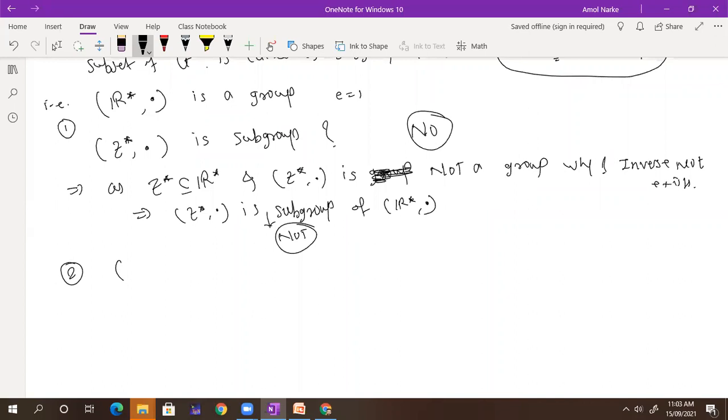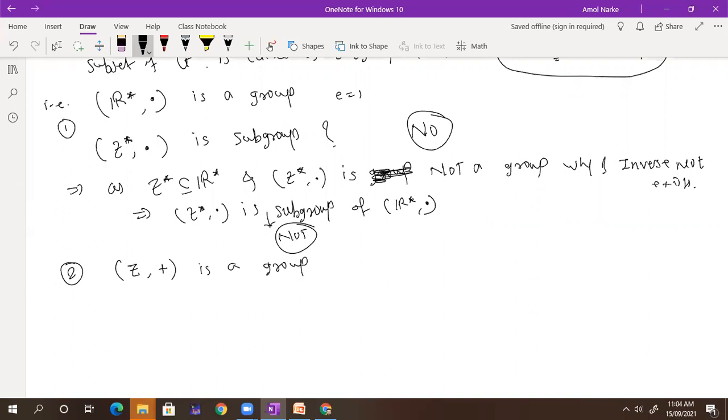We can take Z, the integers together with plus. Whether it is a group: yes, because the identity element is 0, and the inverse is nothing but its negative number. Both belong to Z, so it is a group.